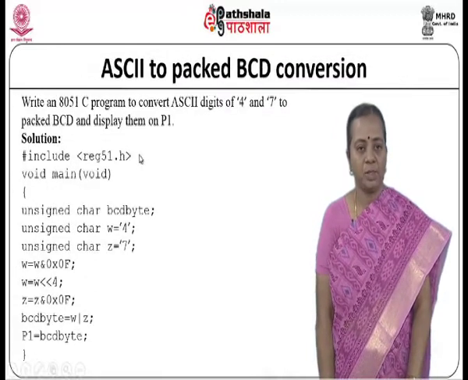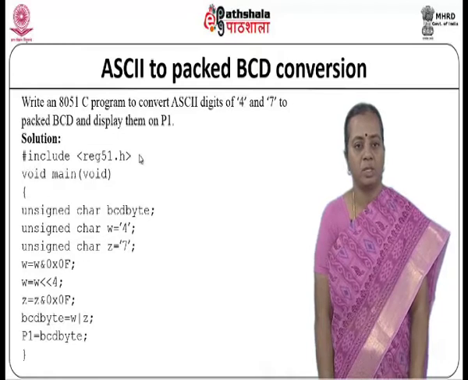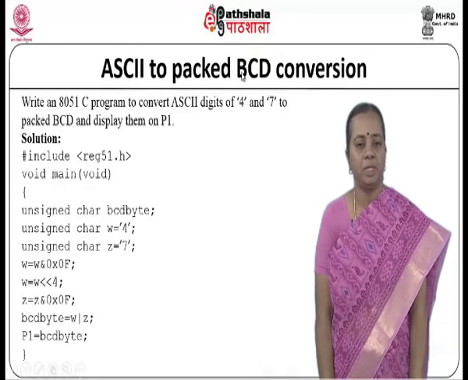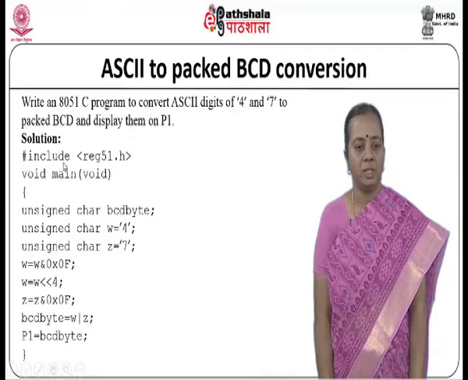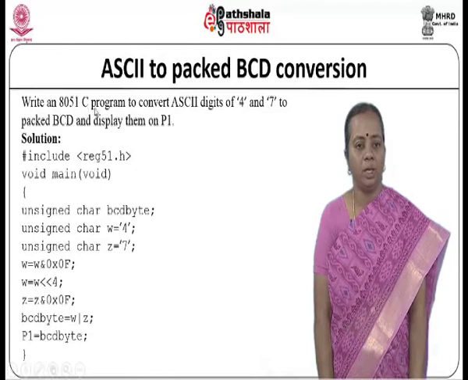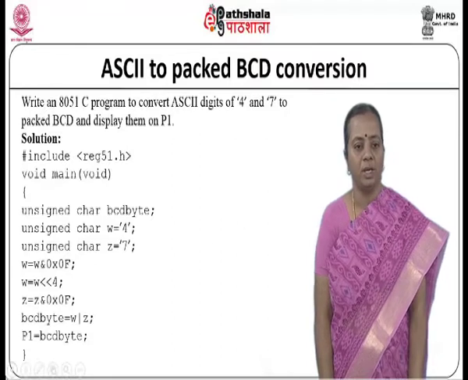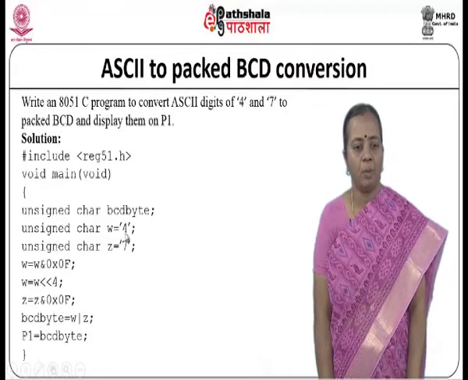So, the next program will demonstrate an ASCII number to packed BCD conversion. Here you just see that we have given the value 4 7. We wanted to convert the ASCII digits of 4 and 7 to packed BCD. That means we wanted to have 47. So, unsigned character W is equal to 4, unsigned character Z is equal to 7 is declared, and BCD type of character has been declared.